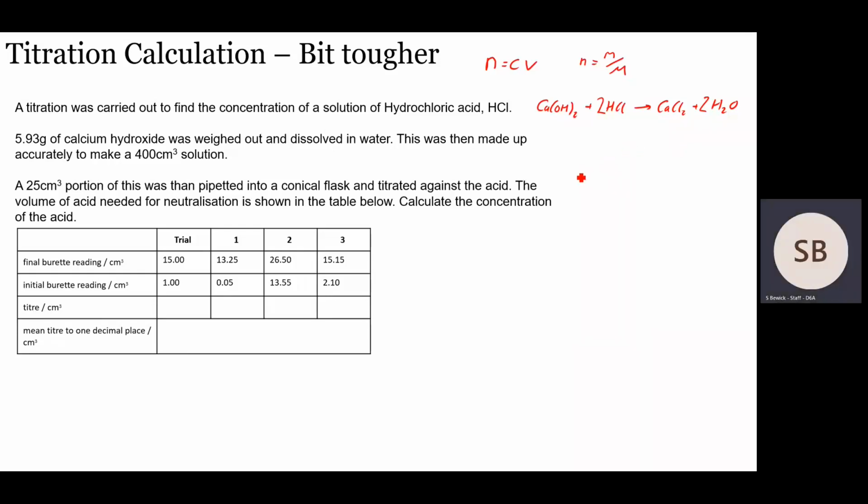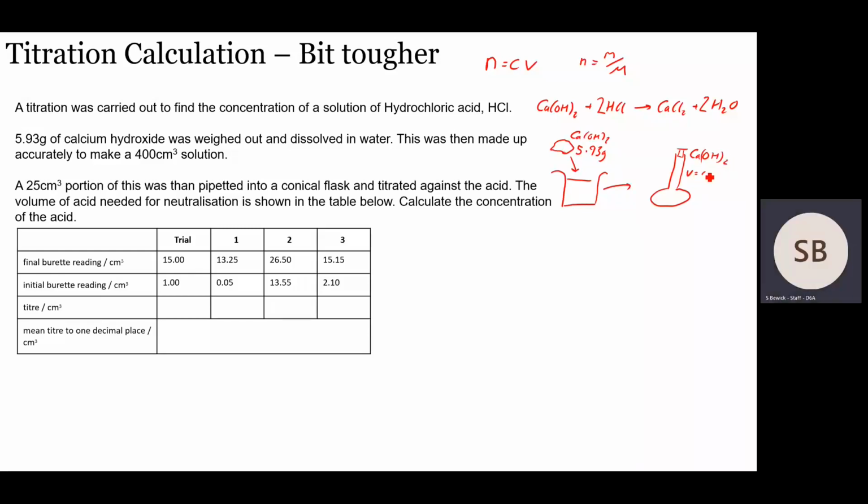And also, because I always think it helps, let's have a quick diagram as well. So we have got a lump of calcium hydroxide here. And we know that weighs 5.93 grams. I'm going to dissolve it in a beaker. And then we're going to transfer that into a 400 centimeter cubed volumetric flask. So this is still going to be calcium hydroxide solution.